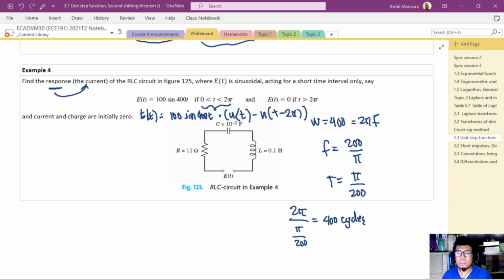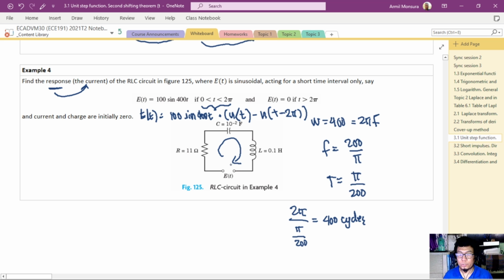Now we proceed again. If we want to get the current here, we would like to write a loop equation for this circuit using KVL.